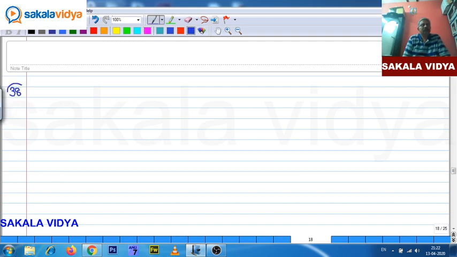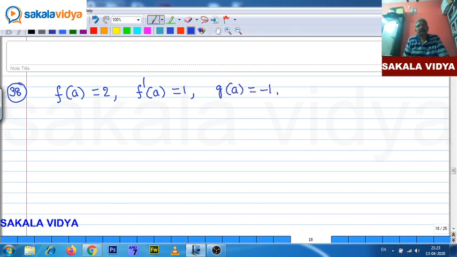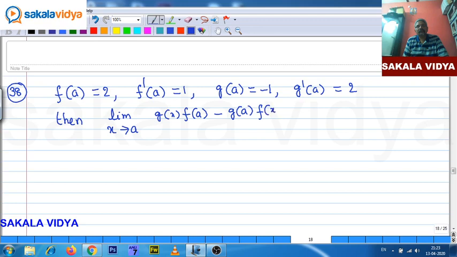So 38th problem, f of a equals to 2, f dash a equals to 1, g of a equals to minus 1, g dash a equals to 2, then limit x extends to a, g of x into f of a minus g of a into f of x upon x minus a equals to, first option.